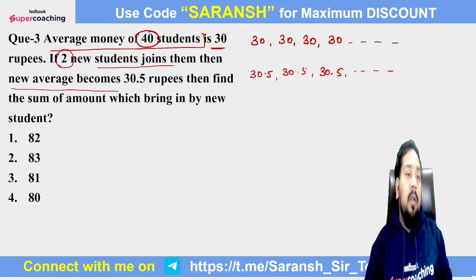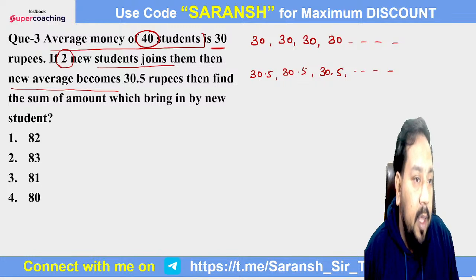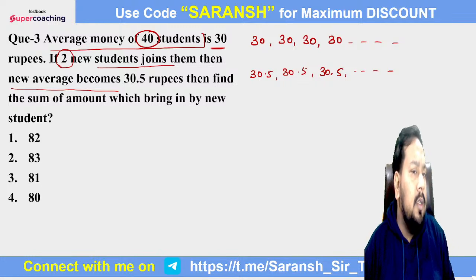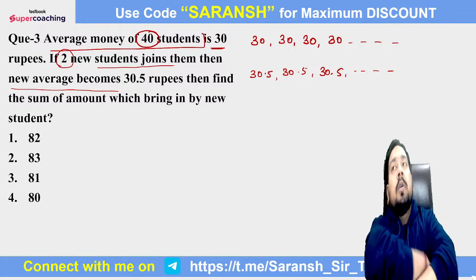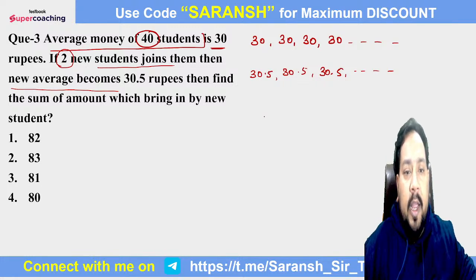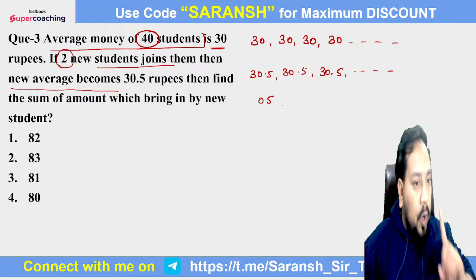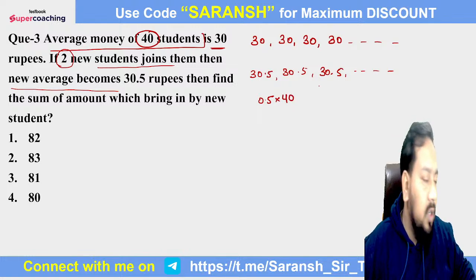Point 5 is increasing, so these two new students are distributing. 0.5 rupees to each of 40 students were distributed.